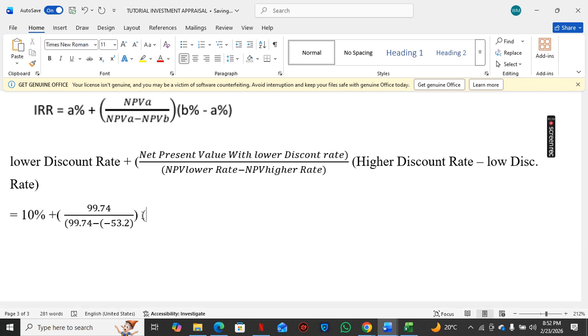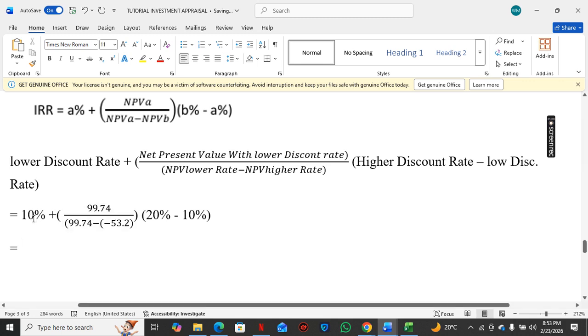The higher discount rate, 20%, minus the lower discount rate, 10%. So we start solving. Remember order of operations.